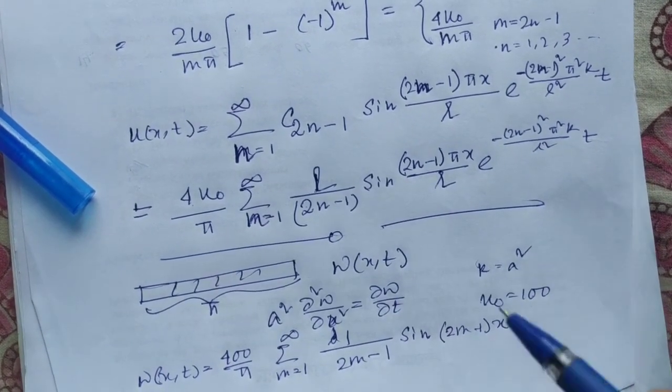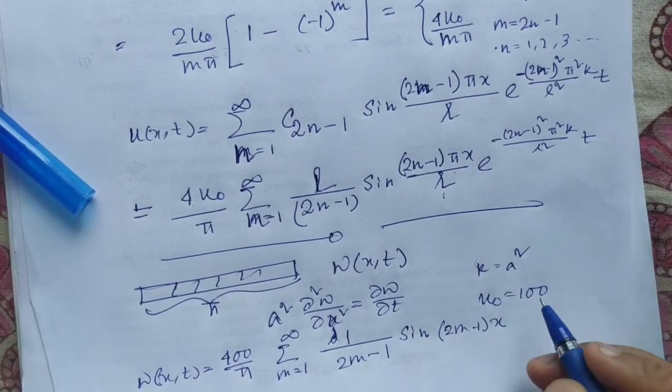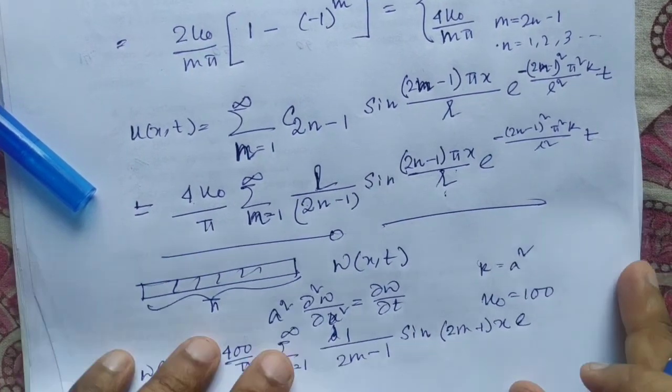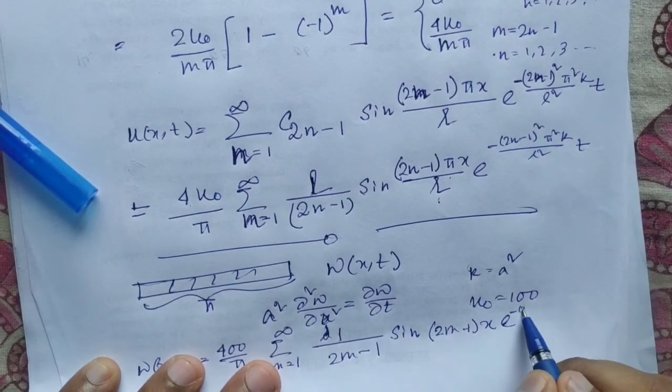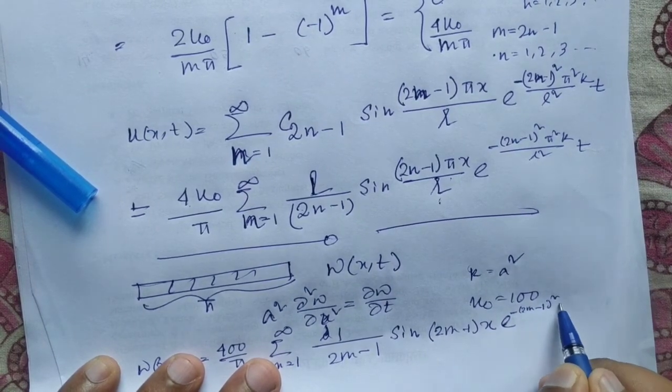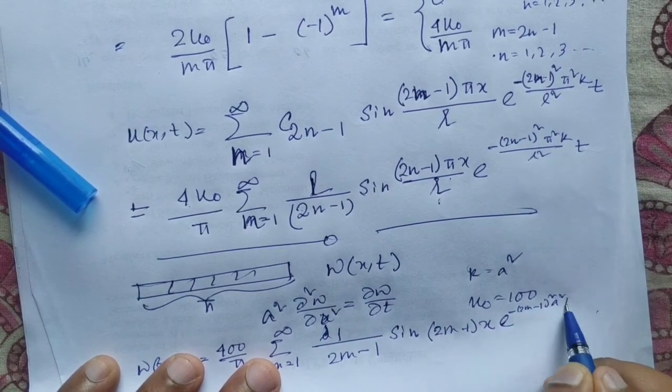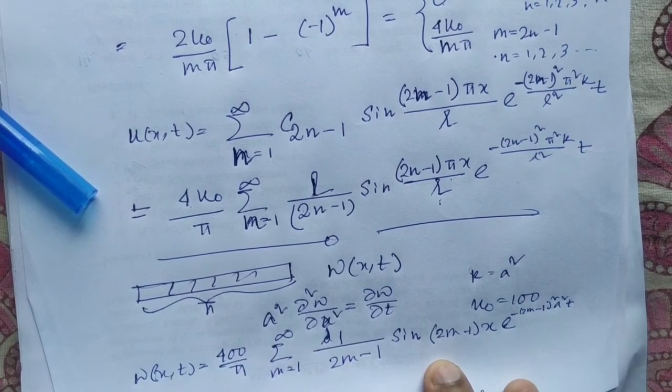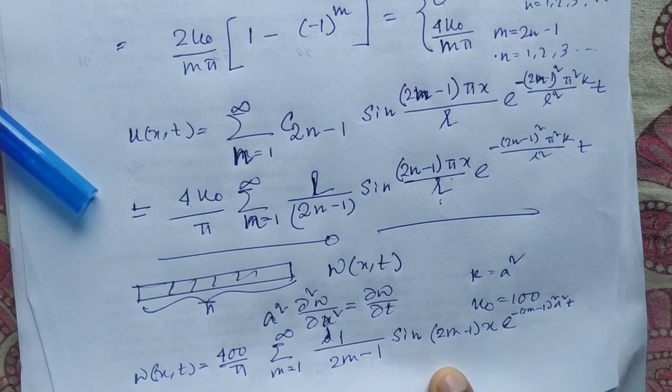So this pi and L cancel out, and e to the power minus (2m minus 1) square a square t. So this should be the required solution.